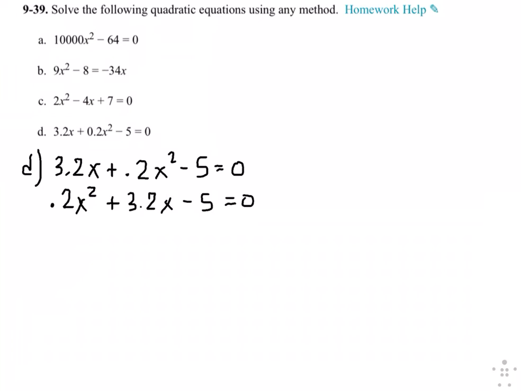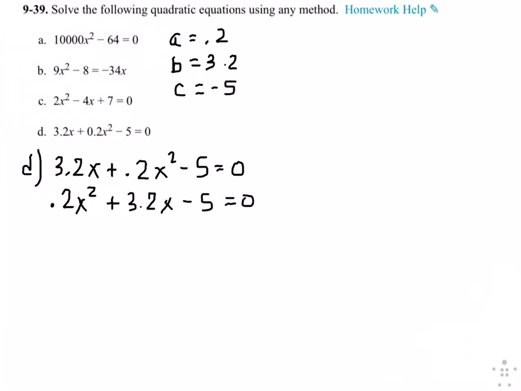Let's change things up here. Let's use the quadratic formula just for fun, right? So A is, I'm going to write it up here, A is 0.2. B is 3.2. And C is negative 5.